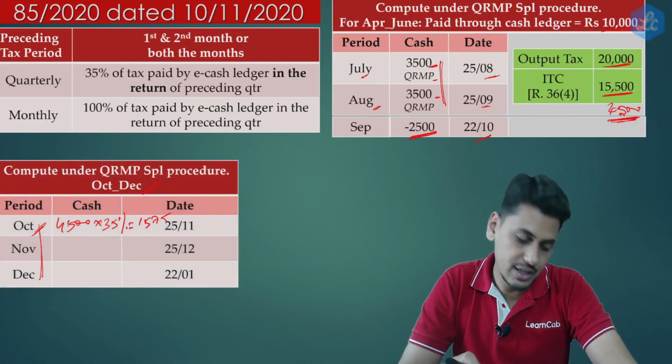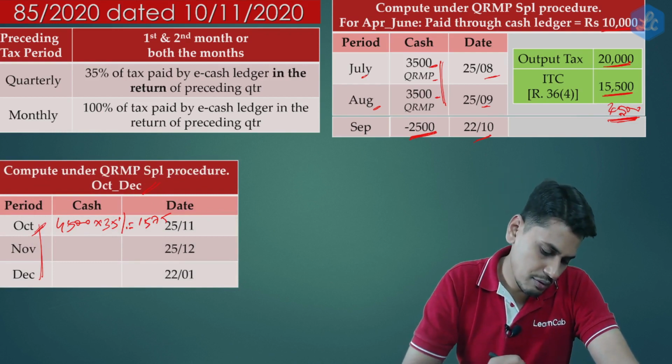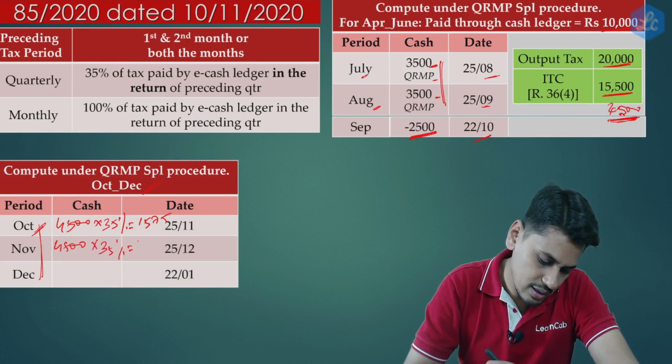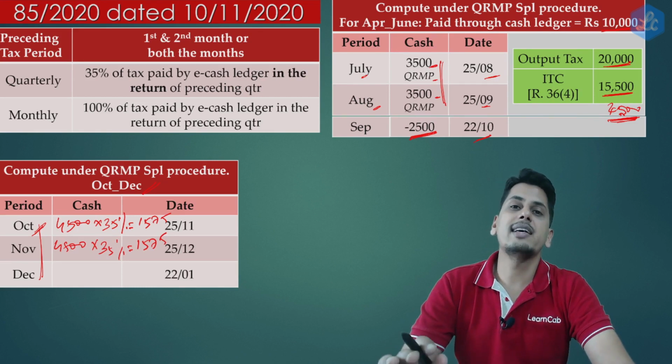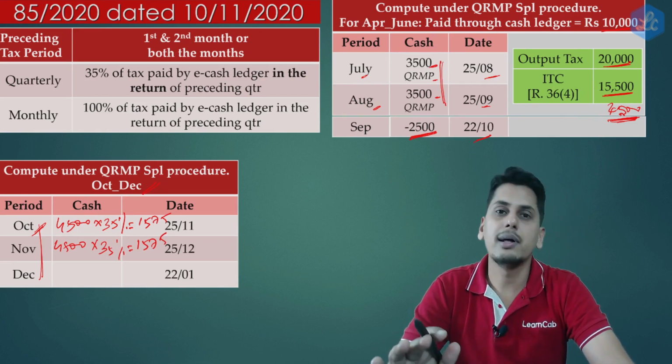This is the amount which needs to be paid for the tax period October. For the tax period November, the same thing, 4,500 multiplied by 35%, 1,575 needs to be deposited in the electronic cash ledger for the month of November.